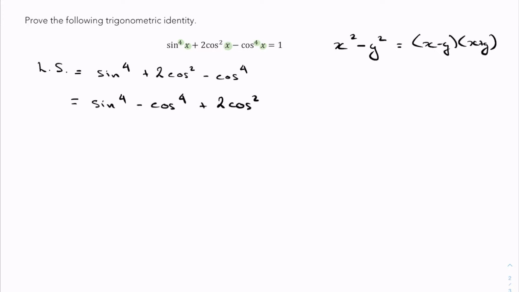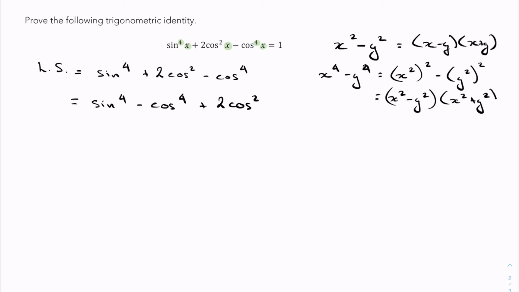And remember, any even power as a difference can also be factored. I mean, if you think of x to the 4 minus y to the 4, that's the same as x squared squared minus y squared squared, which is equal to x squared minus y squared times x squared plus y squared.